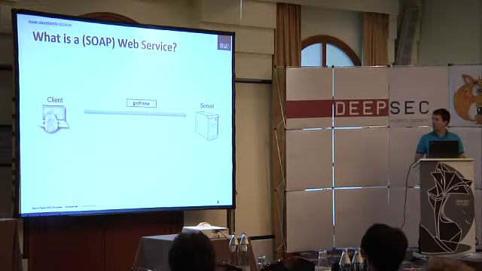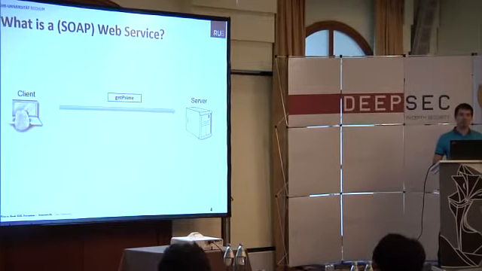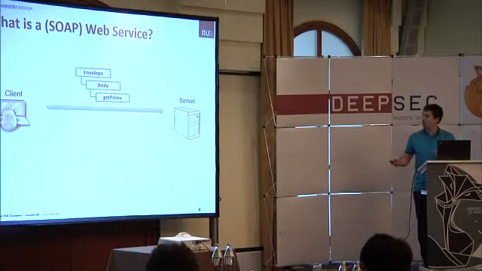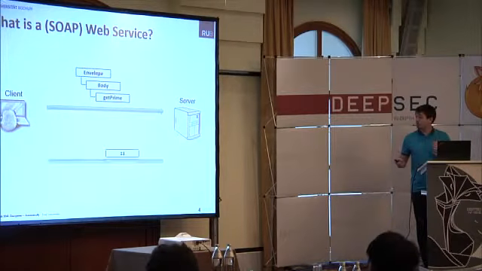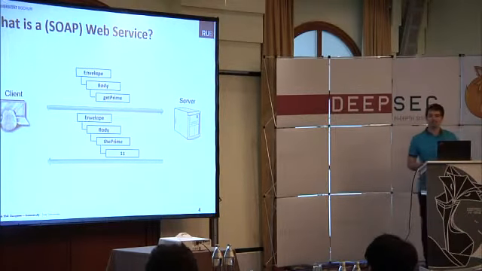So he sends a function call to the server, and this function call has to be wrapped in some message structure. So he wraps it into the envelope, body, getPrime, and sends it to the server. The server generates some prime, and this prime is then sent back to the client. Again, this is wrapped into the envelope, body, and the prime element. This is the basic idea behind remote procedure calls and behind web services.